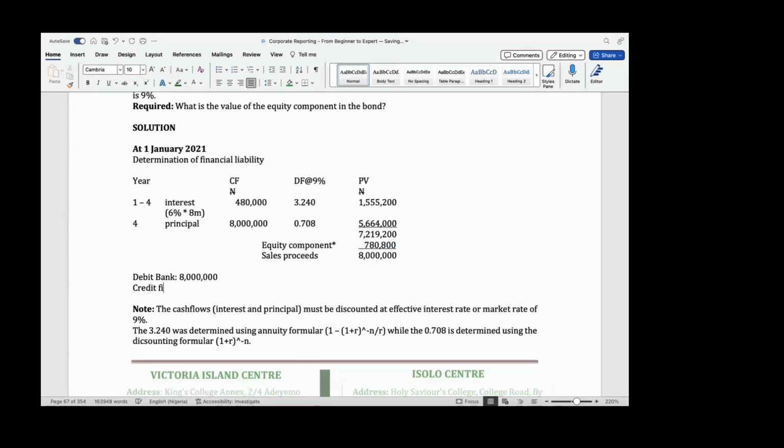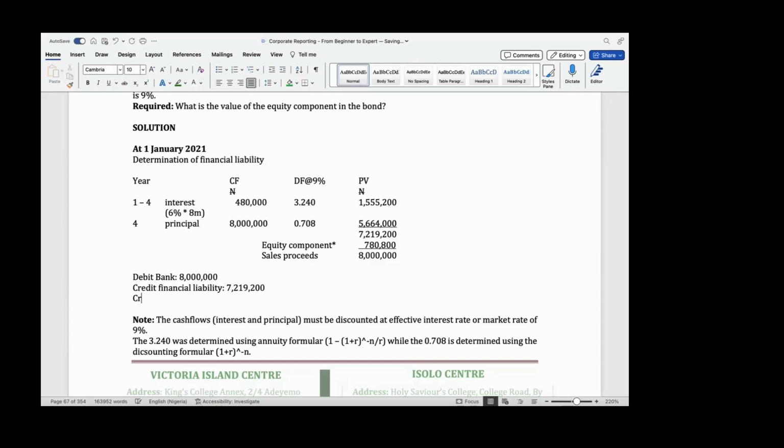We'll credit financial liability with 7,219,200, and we'll credit equity with 780,800. And that's how he's going to put it in his books at the beginning of the year. And that's that for that question.